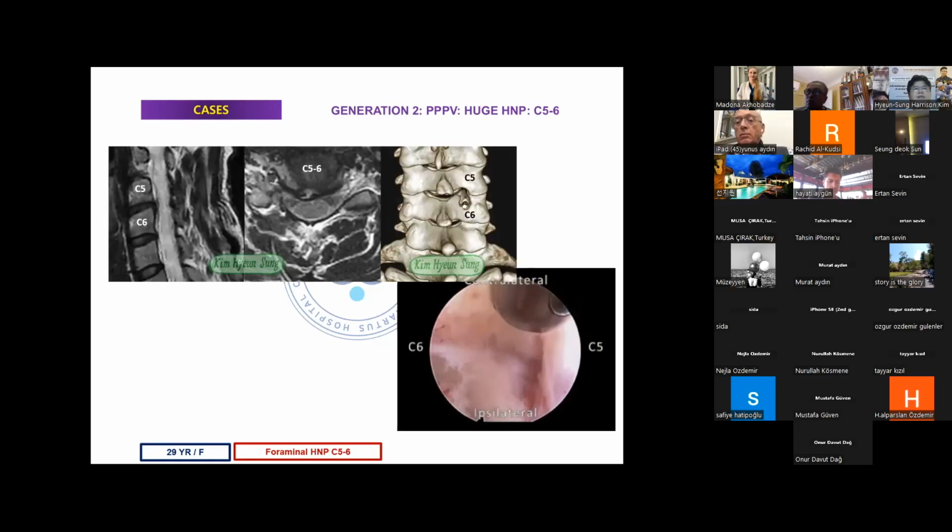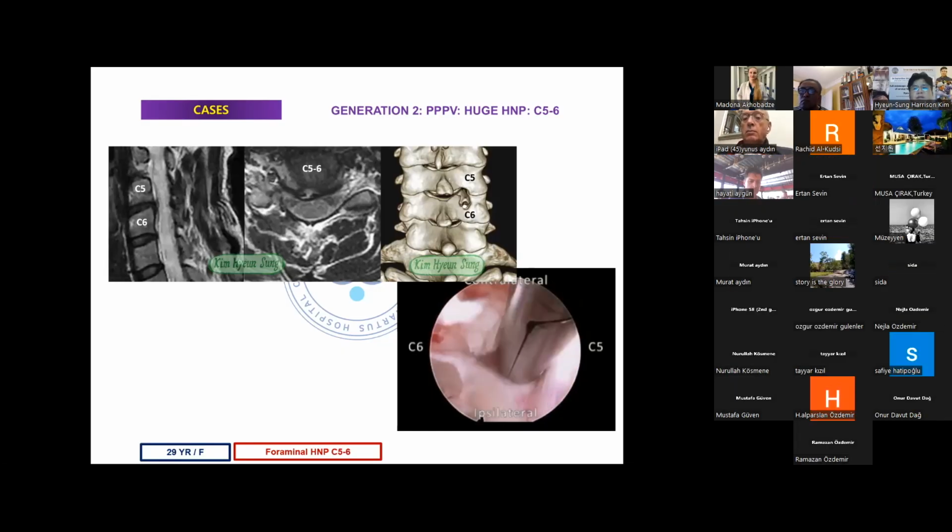And then the patient's ruptured disc disappeared, and the patient's shoulder drop also recovered completely, and she returned to her normal job, dancing again.